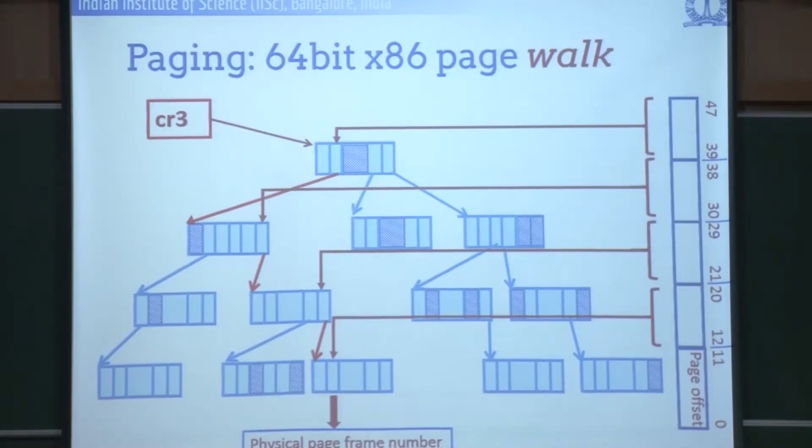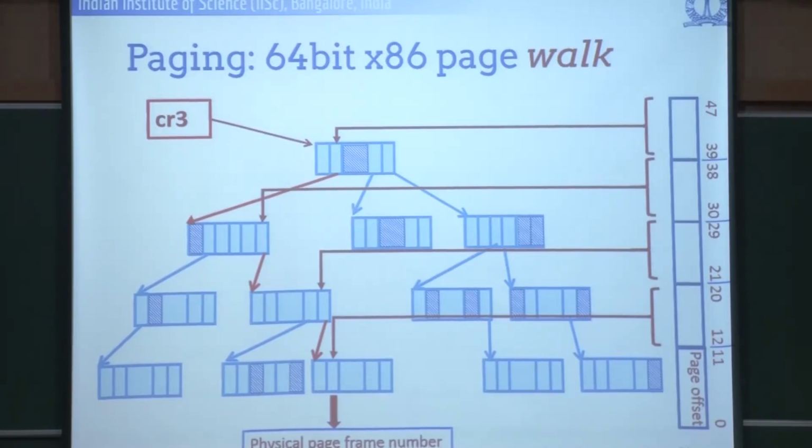So can you figure out how big the page table entries are? 8 bytes, okay. And what CR3 is pointing to is that 4 kilobyte page, which is holding the root of the page table. That's the physical address. It is loaded by the operating system, and it is not accessible from user space.